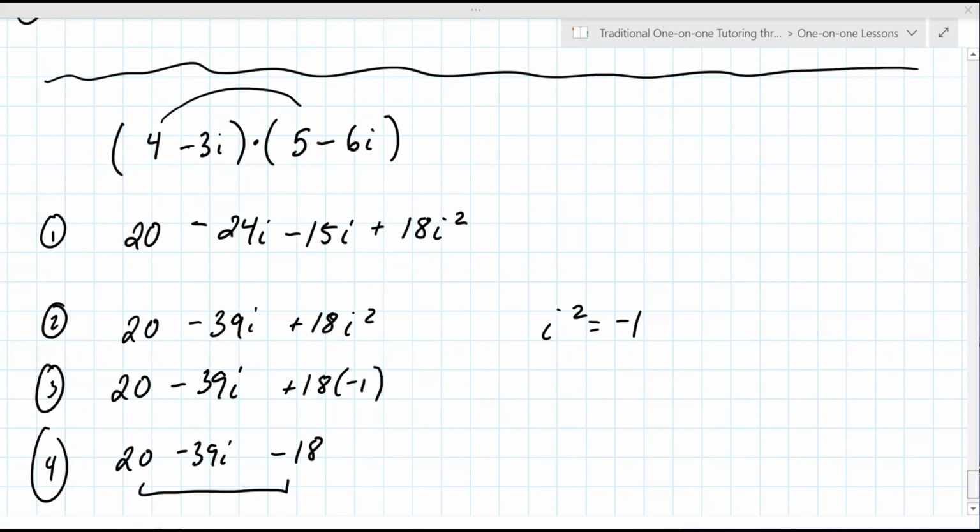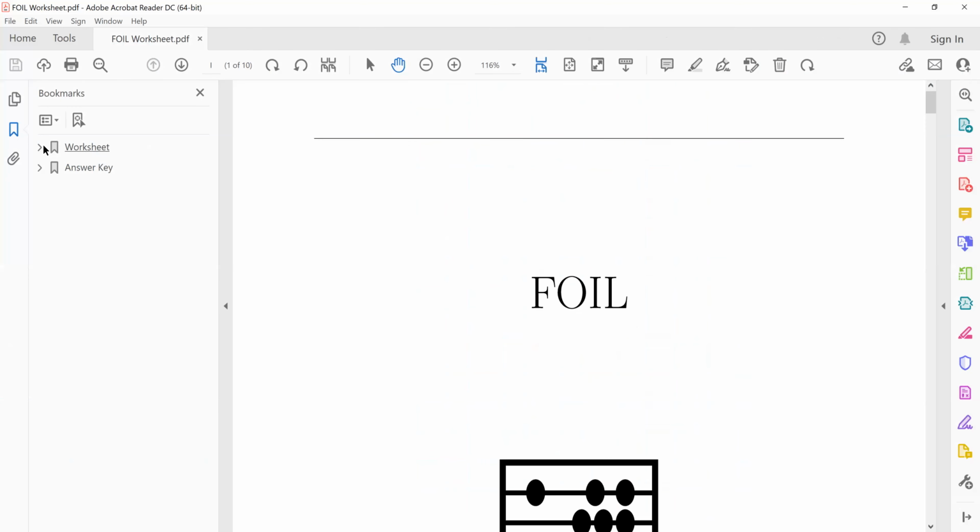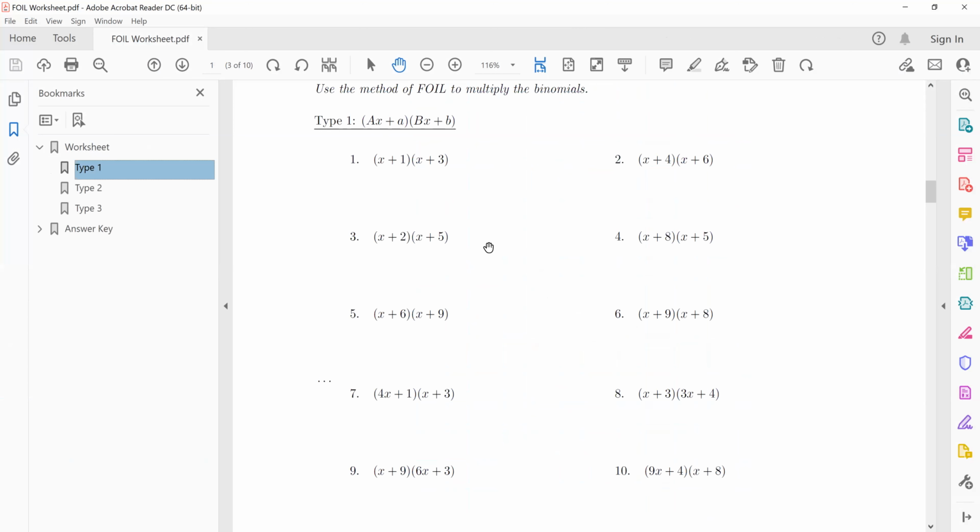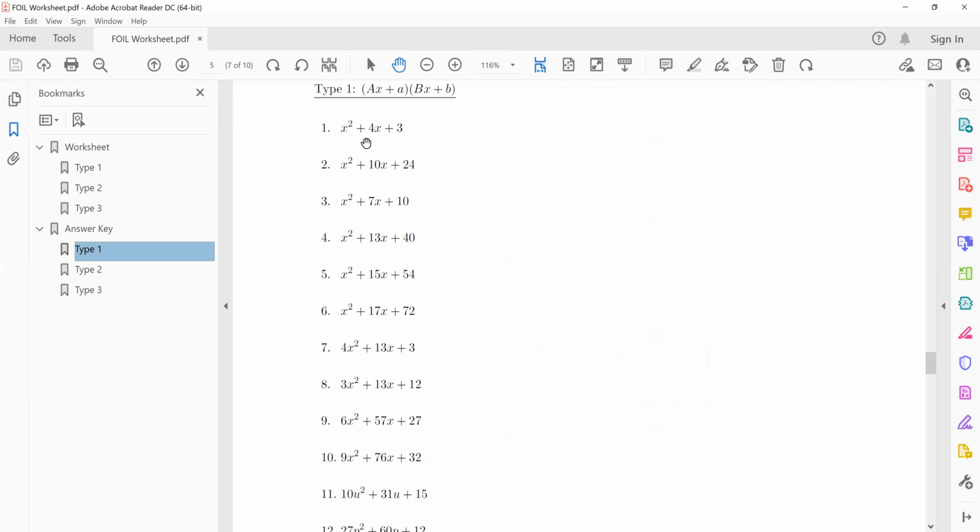If you're seeing my screen, there are 3 types of problem sets. The first one is this plus case. And it's really no different than what we're doing with these problems here. It's just you got i's. Now the answer is kind of interesting. See how the answer also has a plus in it?